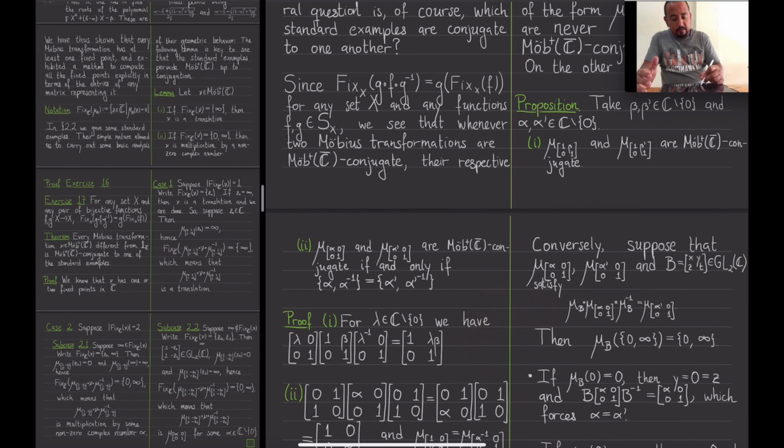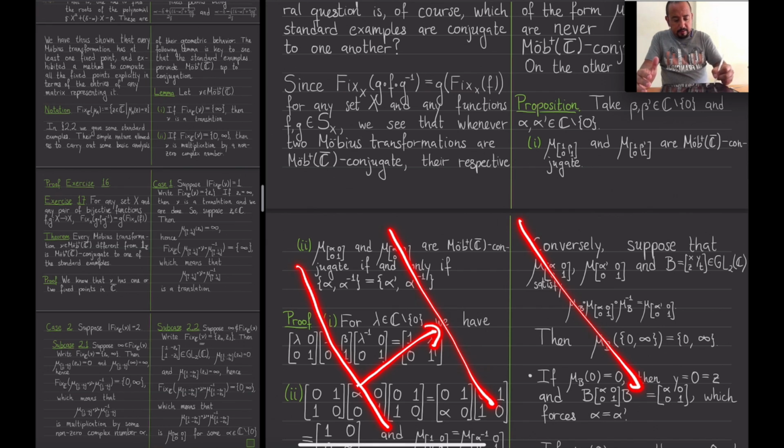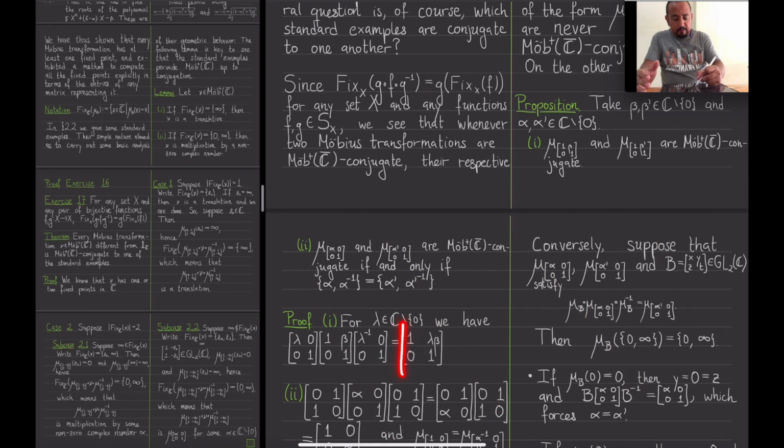So translation along this vector moves everything, right? Like this maps to this, and then, right? And the other one, of course, has the corresponding picture.